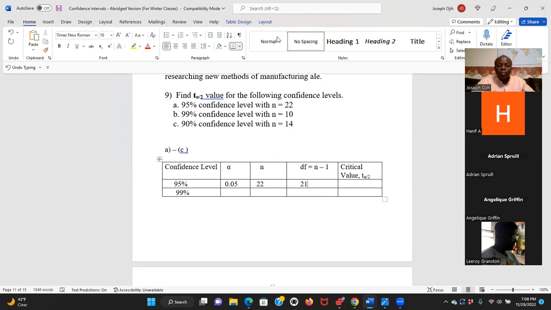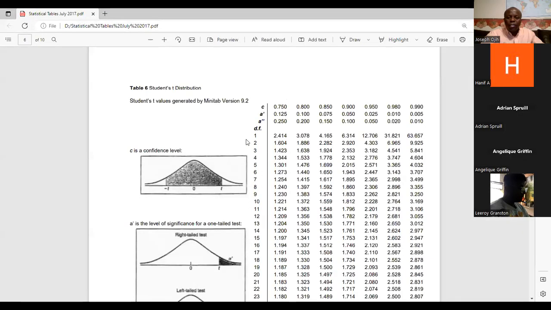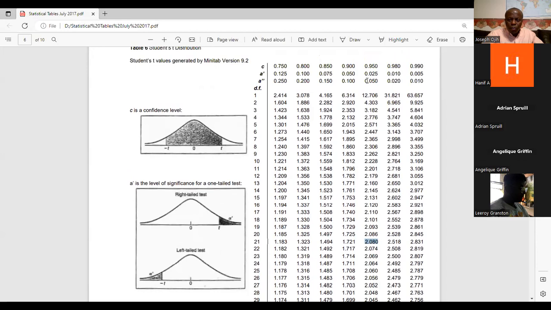Let's look at the table. Remember, because this is a confidence interval, we use alpha double prime. That's where we'll be looking. 0.05 is right here. Then you follow it to 21. You can see it right here: 2.080.